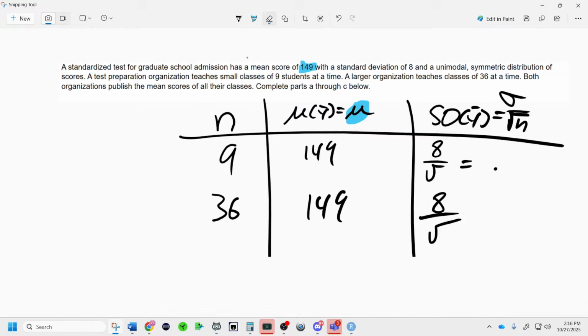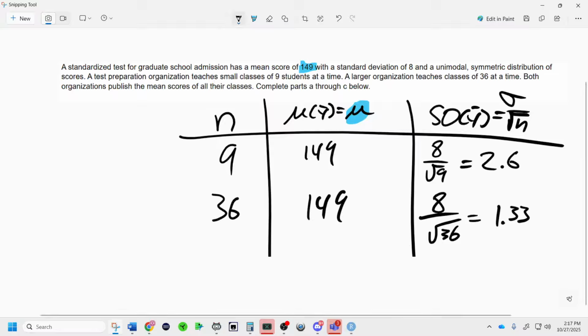That's the big class. Divided by square root of 36 for this one, which is 1.33. And then this one is divided by square root of 9, which is 2.66 repeating. And that one is 1.33.